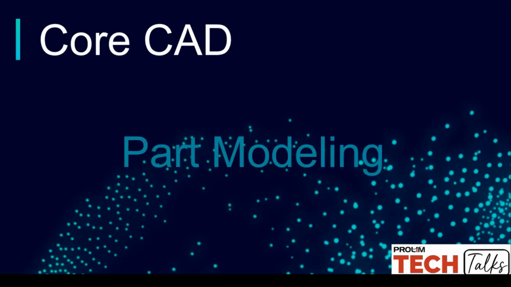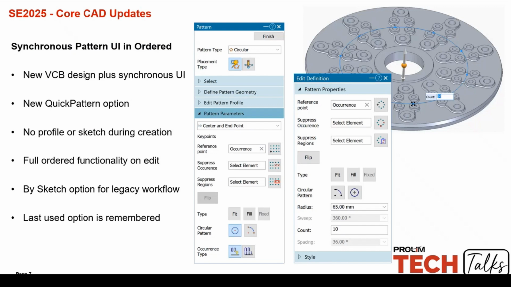With that being said, we'll go ahead and look at some of the enhancements made to the part modeling environment. To start off, the new vertical command bar design plus synchronous UI makes the patterning much simpler and more intuitive to create. New users will grasp the command UI easily with this new quick pattern option. It does not require a profile or a sketch to be created.